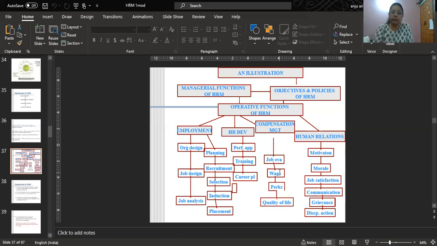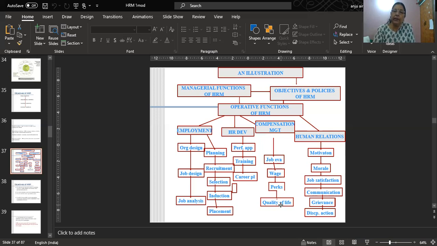All these are perks which are given to employees. So this will be determined based on the worth of the job, and thereby they improve the quality of life of employees. If you pay them well and give them good perks, then the employees' quality of life will definitely be improved.